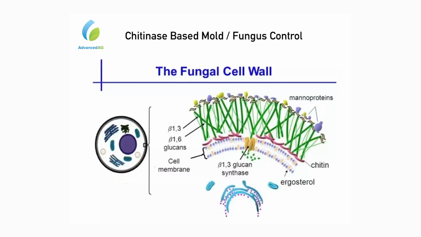What we have here is just a diagram for emphasis, so we don't have to worry about all the chemistry going on, but the cell wall is largely made of chitin in fungal organisms. By disrupting that cell wall, you can attack a fungal infection.